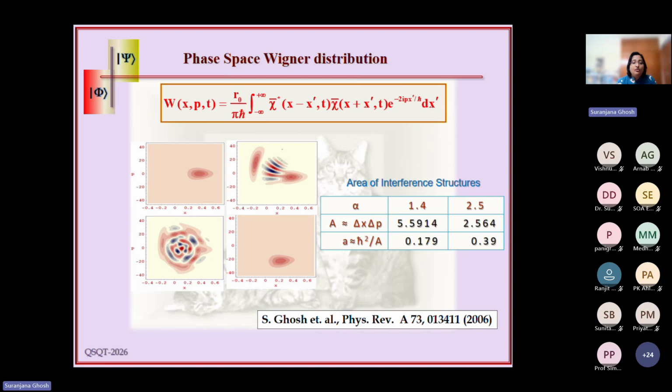But there are 4 wave packets, and in between at the center, not very clear, this checkerboard pattern structure comes up, but it's a spotty kind of, small regions are there, which are basically the sub-Planck cell structures that we also checked here. So for alpha equal to 1.4 and 2.5, these 2 cases, we checked in atomic units the diminishing skewing below the Planck scale. So this is the first observation we made for the diatomic molecular system.